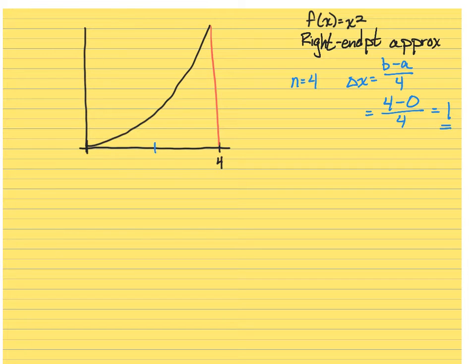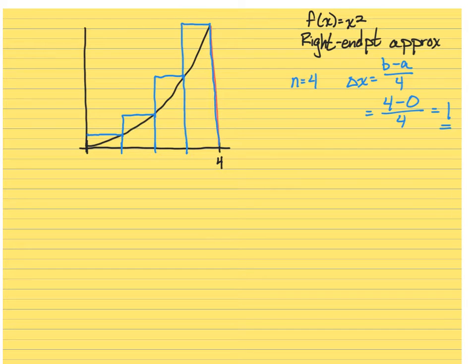So basically, we've divided this interval from 0 to 4 into 4 sections, and we're using the right end of each of those subintervals to determine the height of the rectangle. And so there we go.